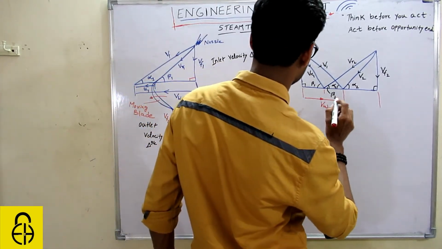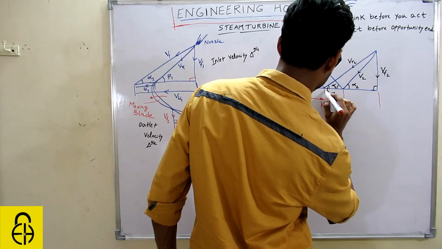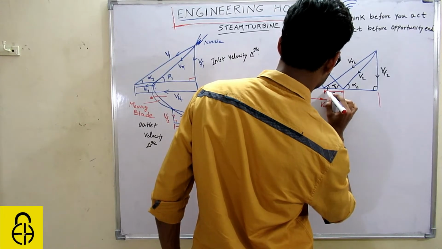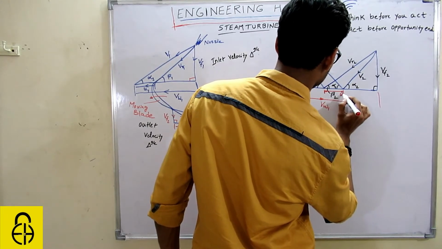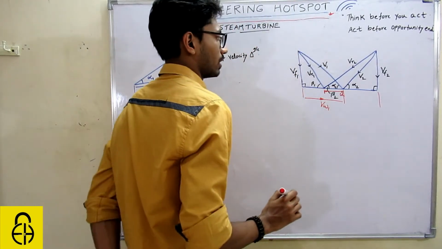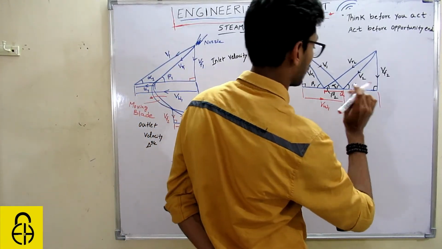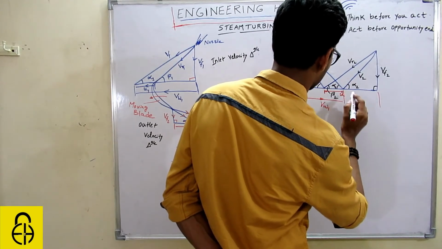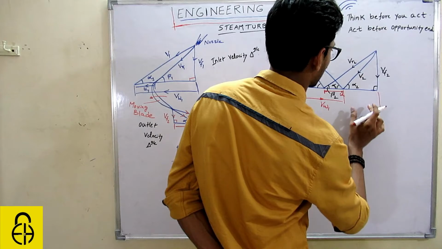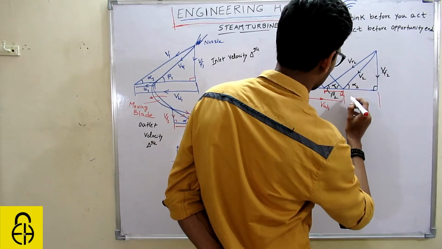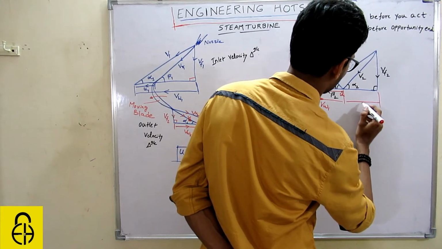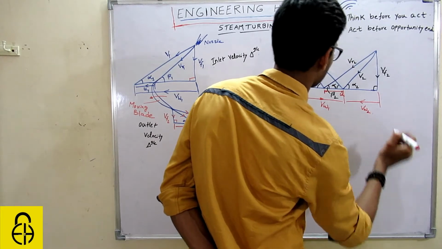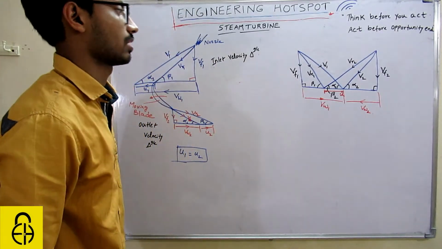And this will be your U. U means the mean velocity, mean speed, mean blade speed, and that will be common to both the triangles. Then this is V2, this is VF2, so this will be your VW2.